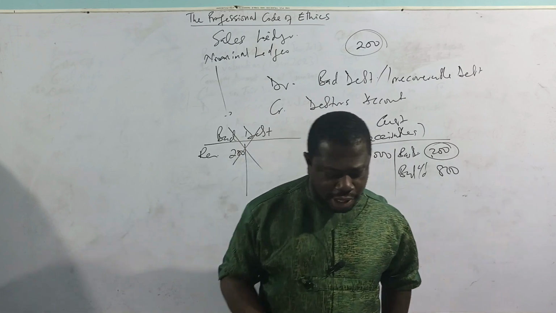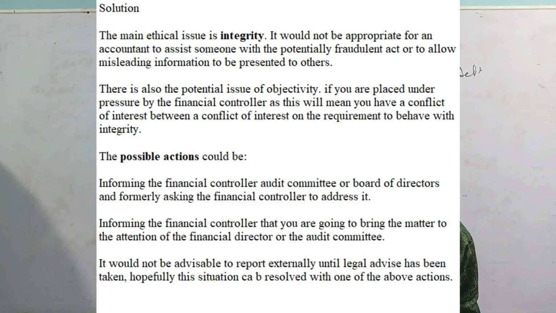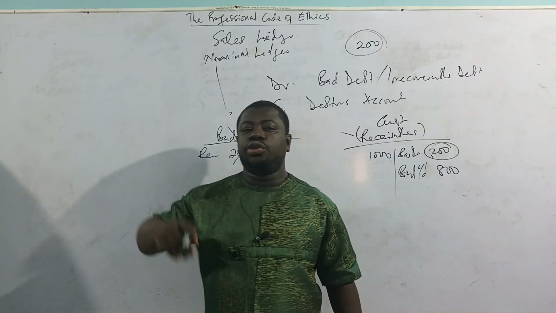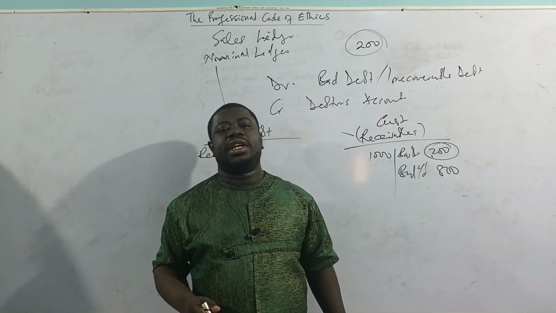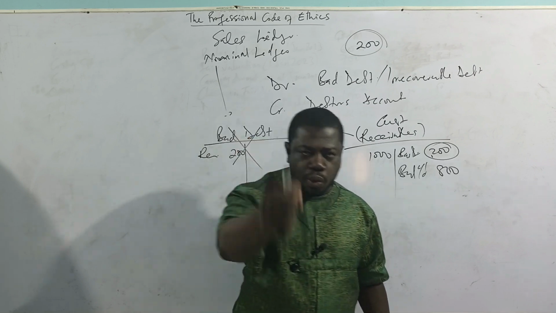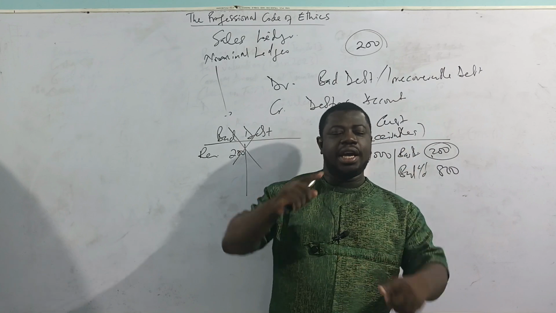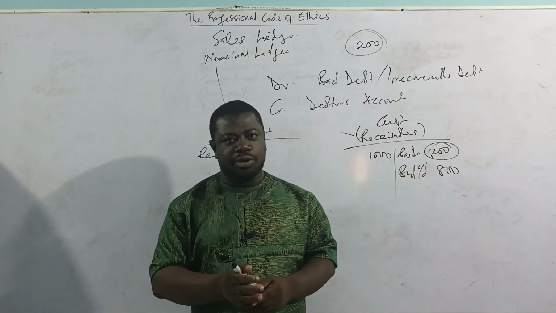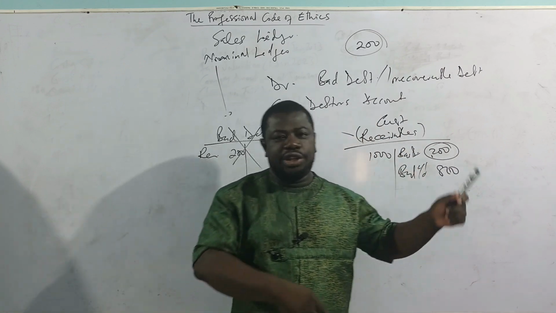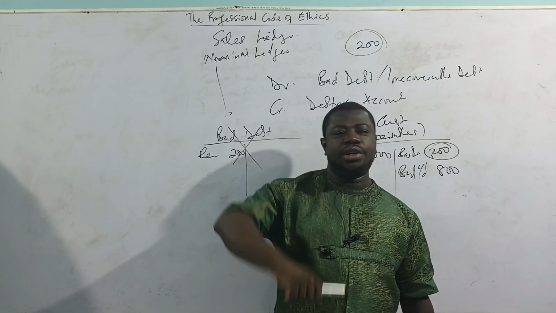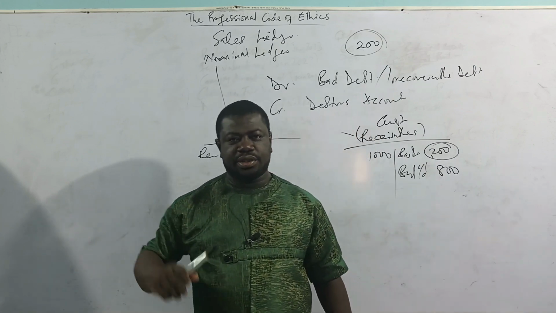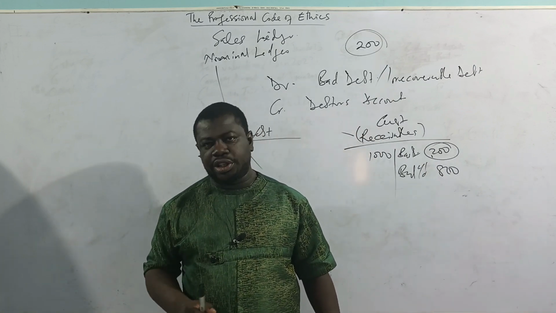Okay, then look at another thing you can do. Informing the financial controller that you are going to bring the matter to the attention of the financial director or audit committee. So you see, even though you are going to tell the audit committee, sometimes it's important to first of all warn your boss. So let's say that these two answers should have been in a different order. The first thing is to tell the financial controller that no, if he is not willing to act with integrity, then you are going to inform the directors or the audit committee.